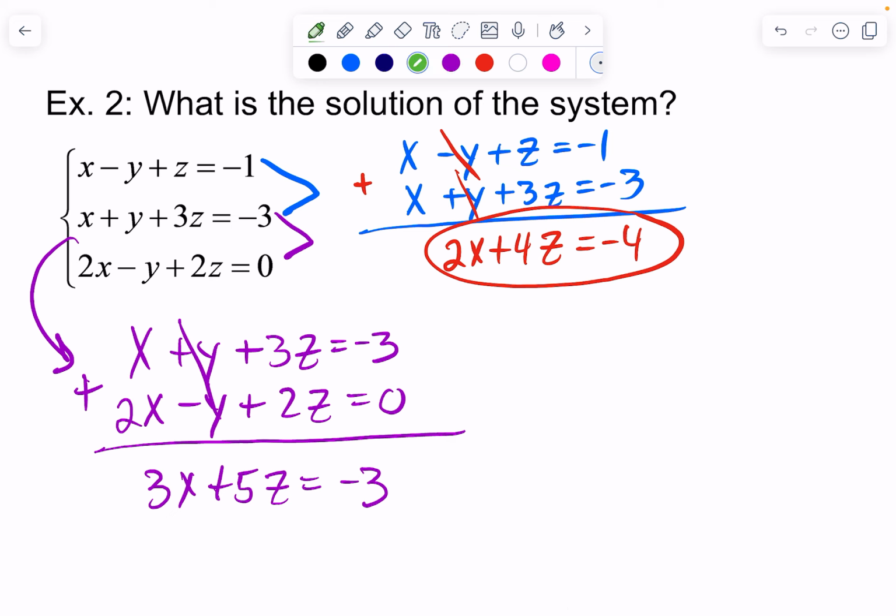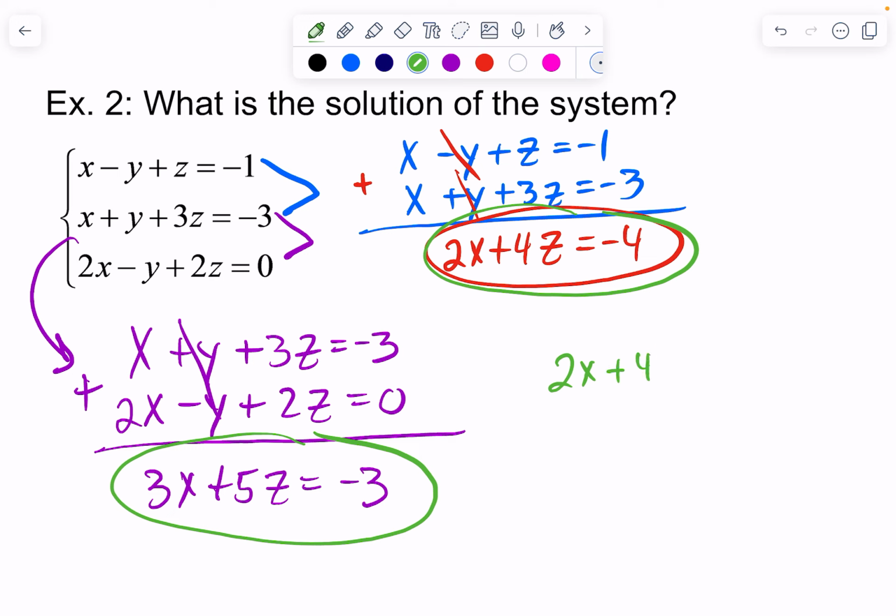So now I'm going to take both of these and set up a system and choose which variable I want to eliminate. And me personally, I am going to choose to eliminate the x's.